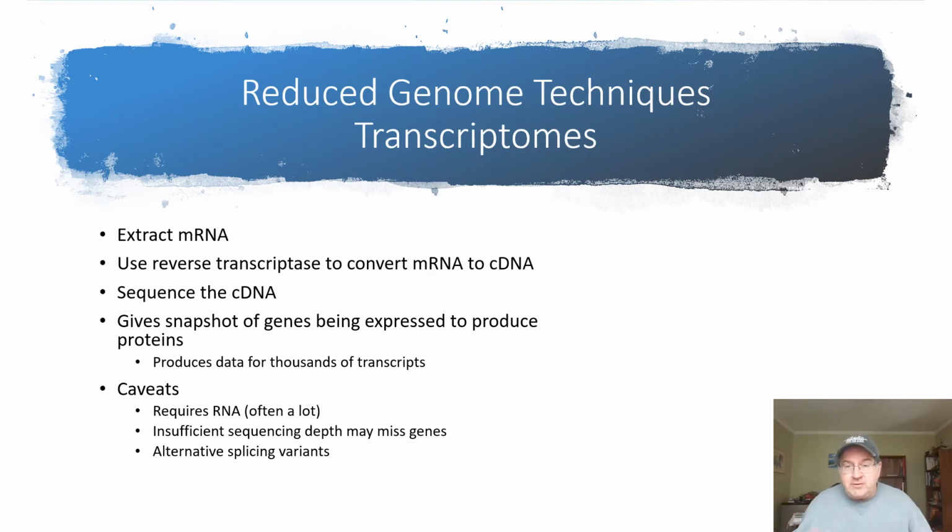Some things are transcribed only in the larval stages. Some things are transcribed only in the pupal stages. Some things are transcribed only under certain environmental conditions. And so the experience and the stage of the organism that you are extracting the RNA from ideally should be controlled so that you're really going to be able to compare things directly.